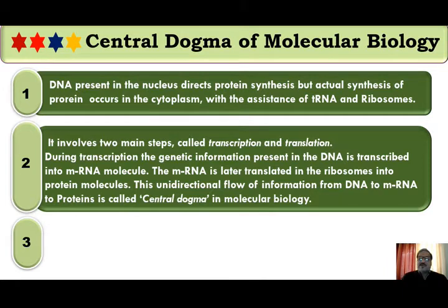This unidirectional flow of information from DNA to mRNA and then to proteins is called the central dogma in molecular biology.